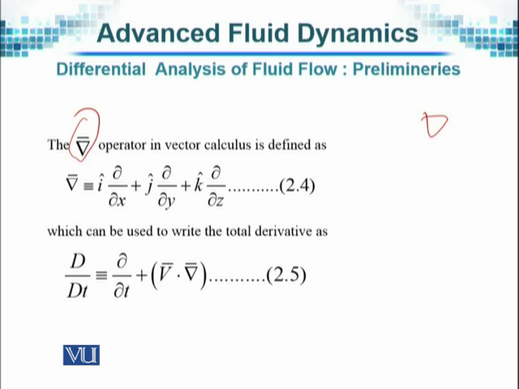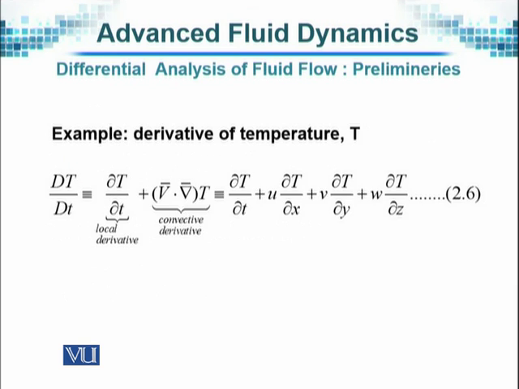And this in a shorter form can be written as the total derivative d by dt is equal to the partial derivative with respect to time plus V, the velocity vector, dotted with del. Then if I use it to write down the equations, for example the derivative of temperature, if here I write any other variable, f or g or h, we can write that.